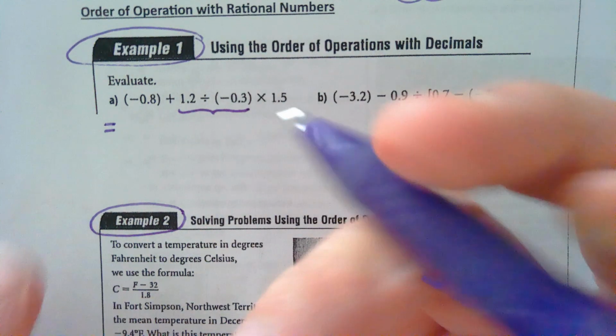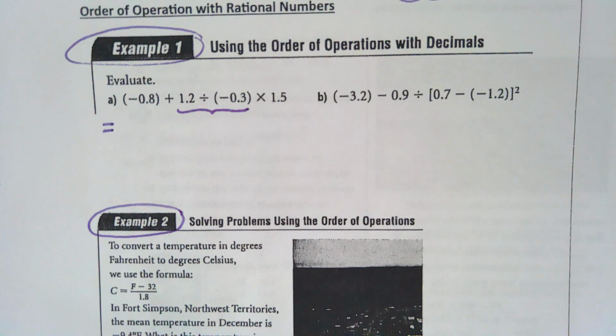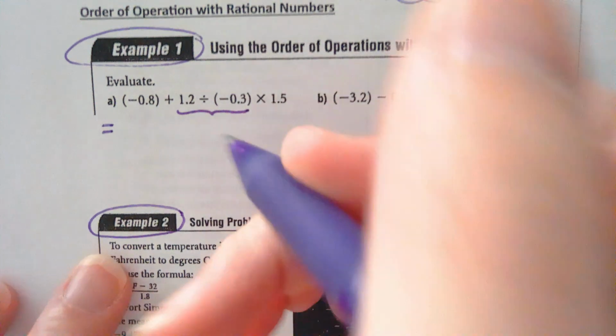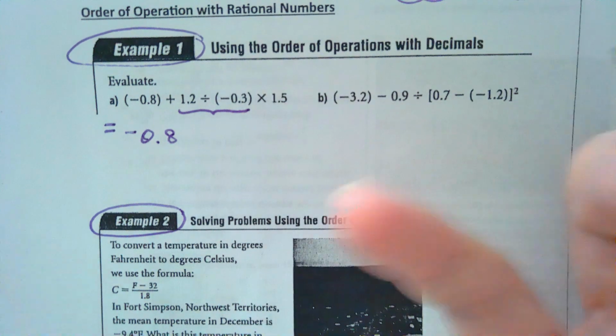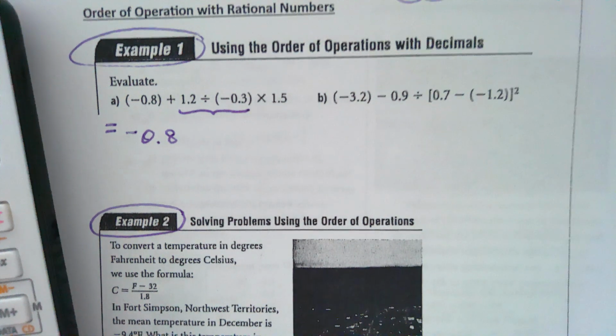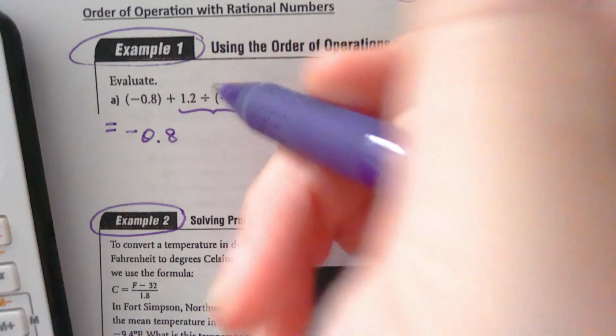On your calculator, if you see a question like this on the test, you do not have to show anywhere. You can go straight to the answer. But I'm just showing it for the sake of showing BEDMAS. So 1.2 divided by negative 0.3, you get negative 4.